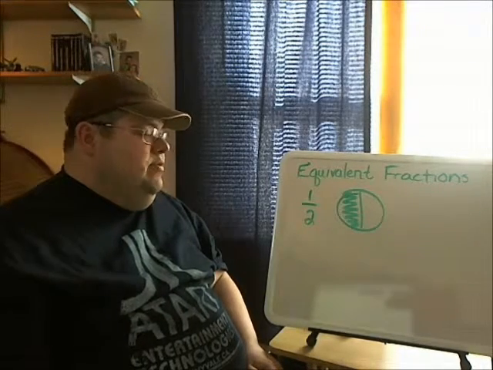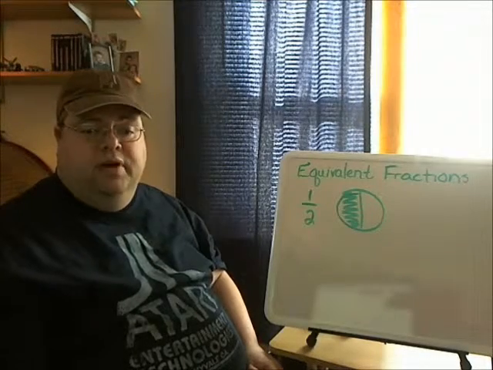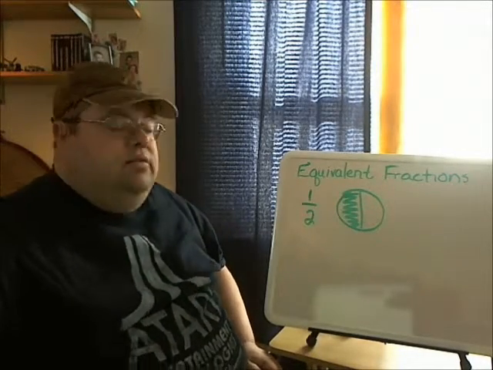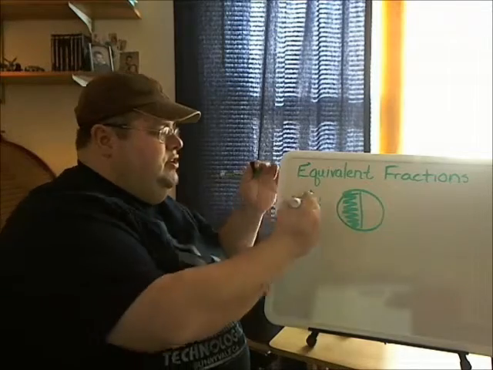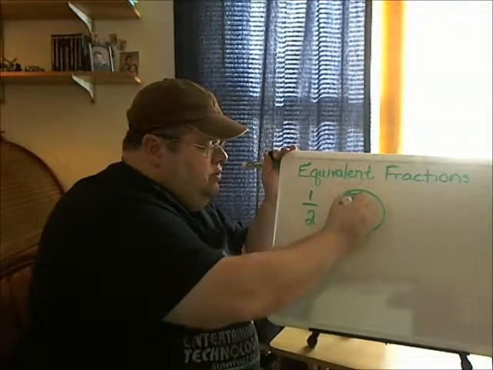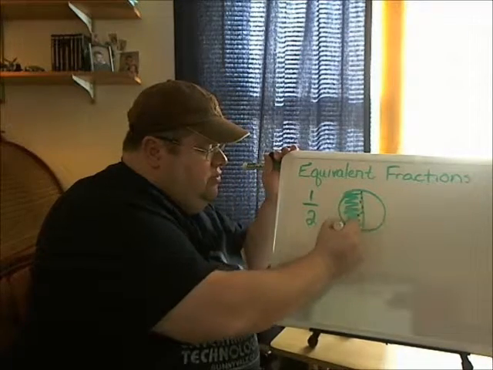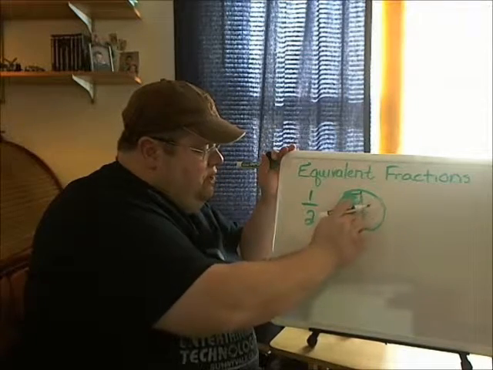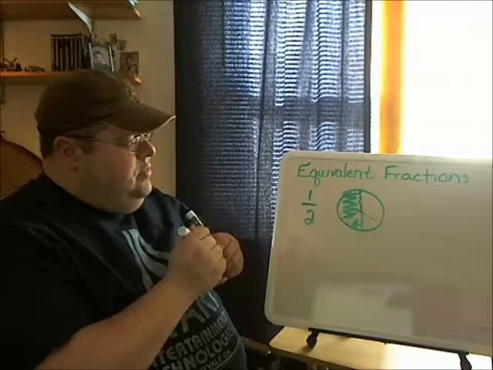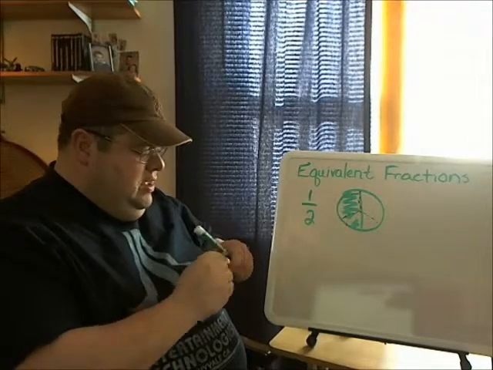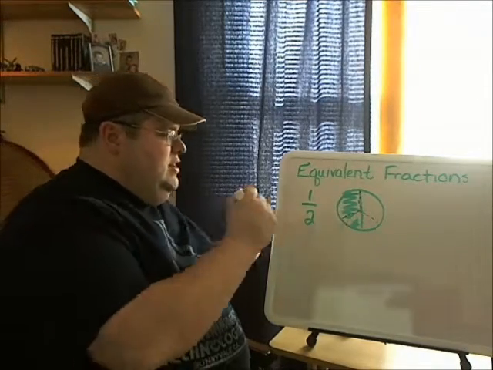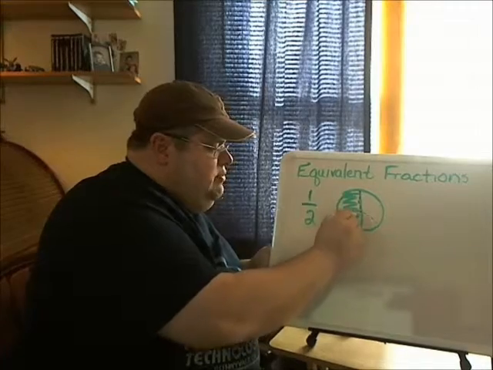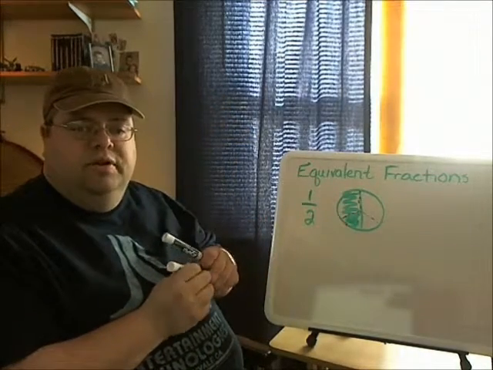For example, if I want to say cut this into thirds, as we will do with our dotted line right now, you'll notice right away that thirds does not provide for that same amount of half that that person was going to be getting originally.